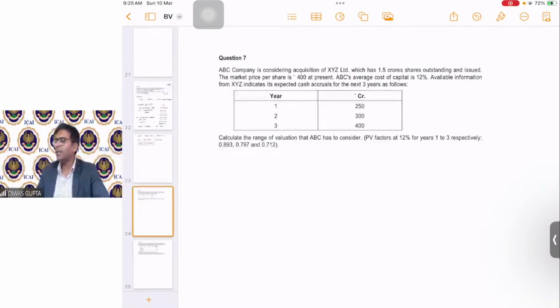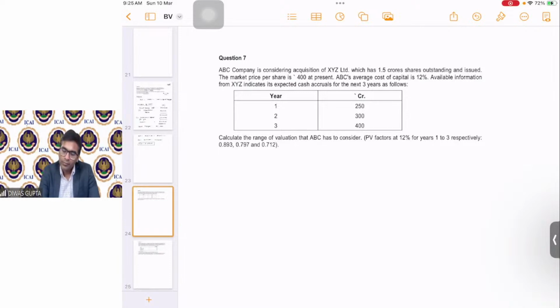Now, see, there has to be a context of some valuation, right? Then only you will do a business valuation. Here the context is that the company is in the process of acquiring another company, and hence the business valuation needs to be done.